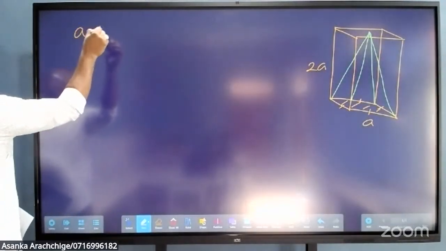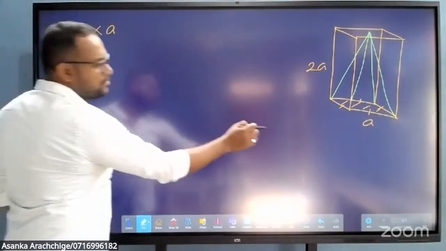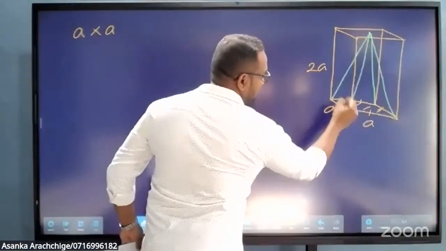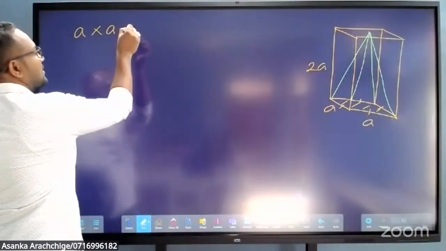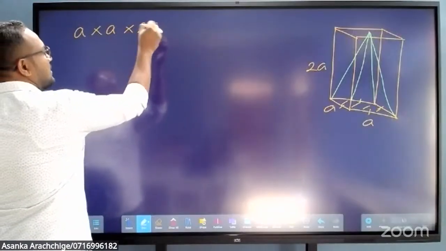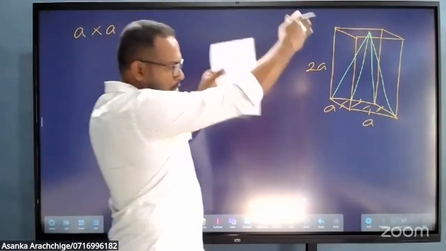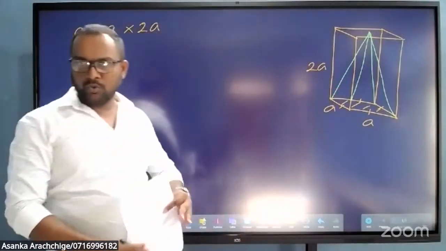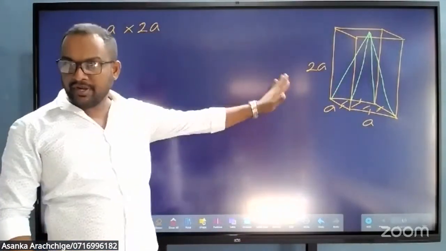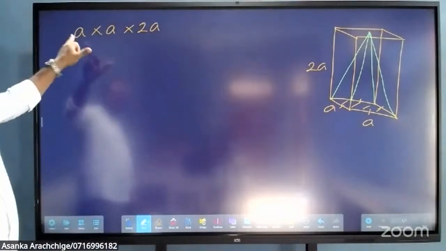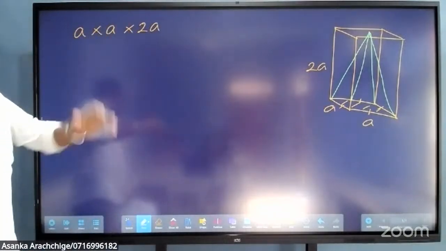The volume of the cuboid is A into A into height: length into breadth into height. What is this? Volume of the whole cuboid. The volume of the whole cuboid is A into A into 2A.